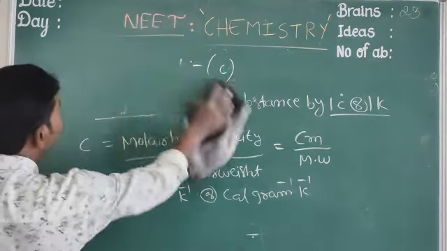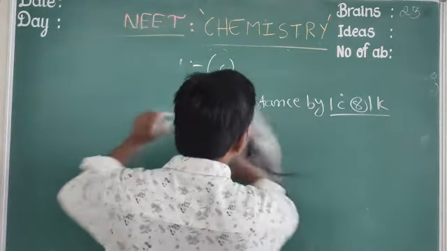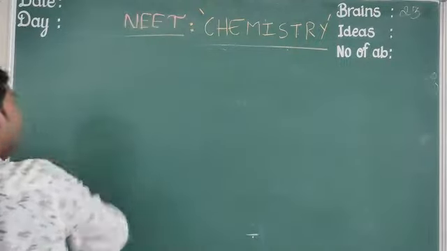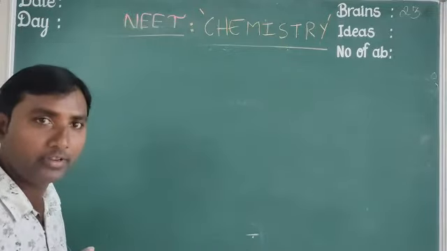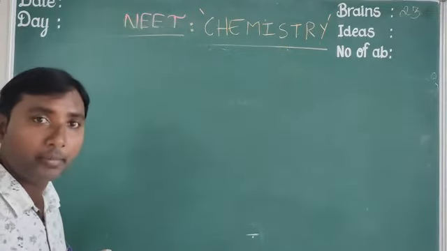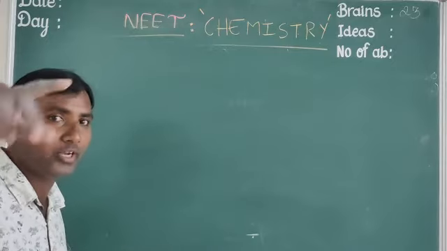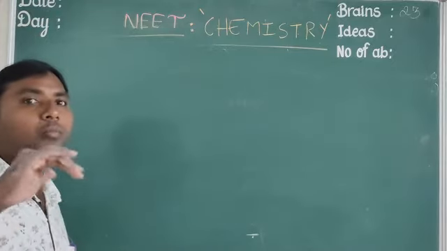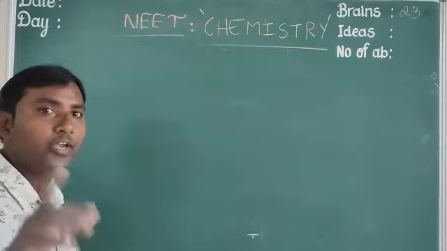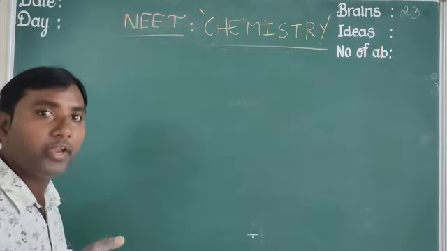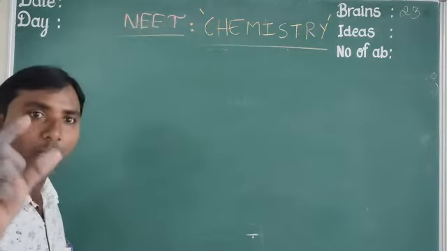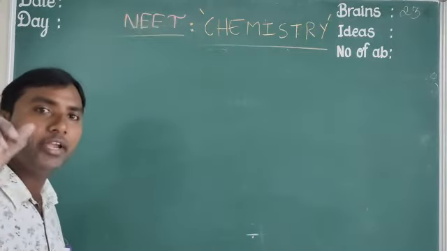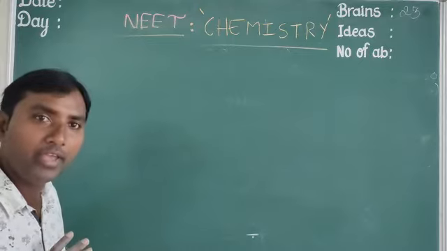So finally, heat capacity means the temperature rise of a given amount of the substance by 1 centigrade or 1 Kelvin. Molar heat capacity means the temperature rise of 1 mole of the substance by 1 centigrade or 1 Kelvin. Specific heat means the temperature rise of 1 gram of the substance by 1 centigrade or 1 Kelvin.